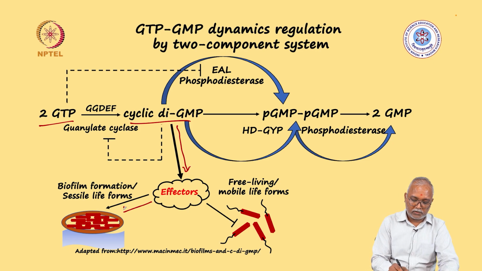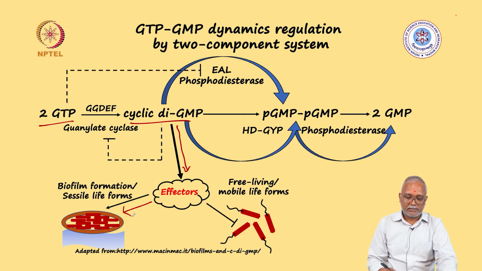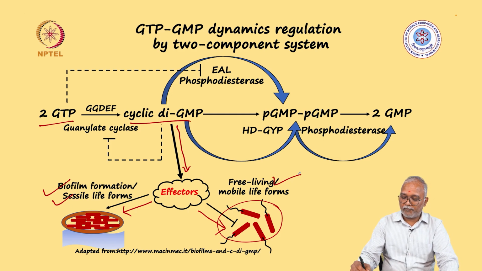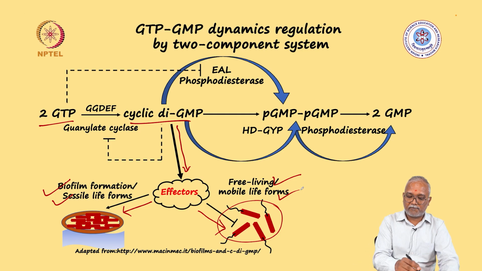This will promote the biofilm formation or sessile life form, and this effector is also going to be operating on another response regulator which will inhibit this free living form. So, together the dynamics between the biofilm form or the sessile form and the free living form is going to maintain the balance between free living and biofilm form, or the quorum sensing form of the bacteria, and give the resistance. So, what you notice here is that there is some feedback which is operating on this pathway.